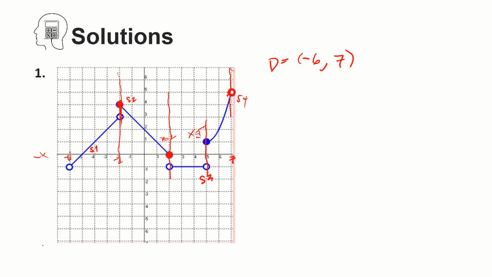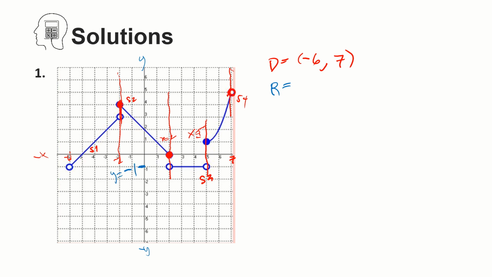On the other hand, if we look at the range of the values, we need to examine from the bottom, from the negative y to the positive y. So where is our graph located? If we look at this one, the graph begins from y is equal to negative 1.